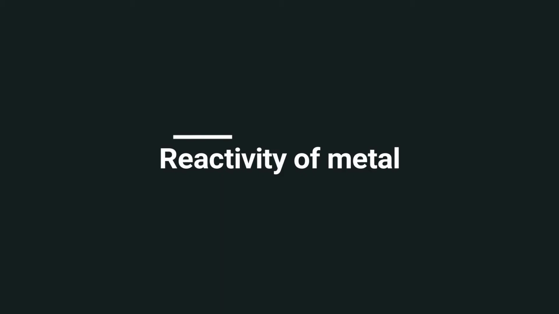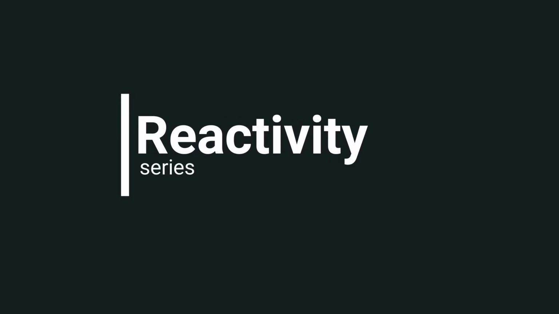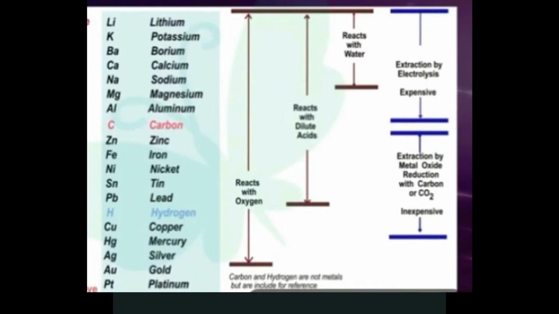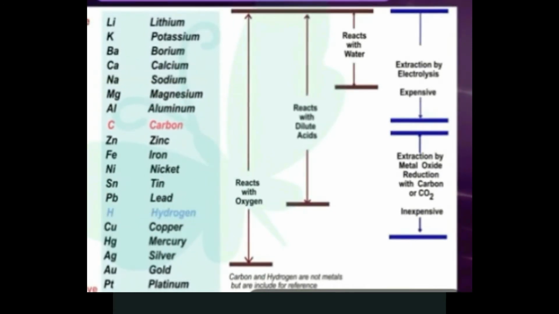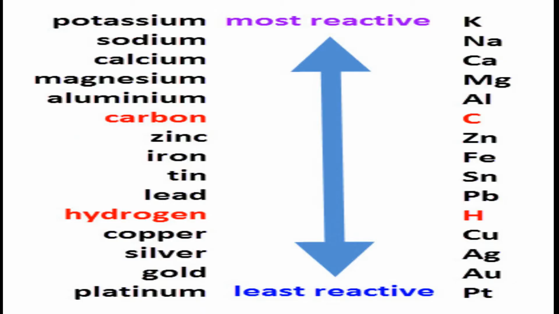Now, these reactions depend on the reactivity of metals, for which we refer to the reactivity series. This is the list of metals in decreasing order of their reactivity. The metals on top are very reactive, the metals in the middle of the series are moderately reactive, and the metals at the bottom of the series are least reactive.